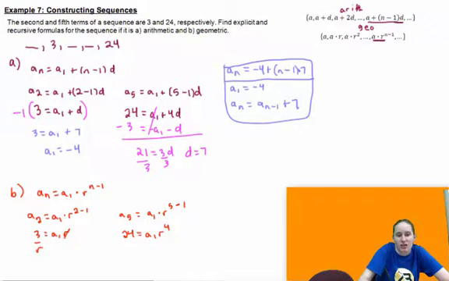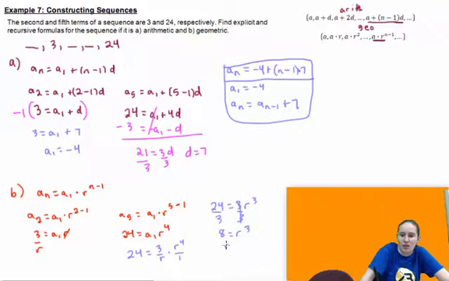We're going to plug that in over here. So r to the 4th over r gives us r cubed. That means we have 24 equals 3r cubed. Divide both sides by 3. 8 equals r cubed. Cube root both sides tells us r equals 2.